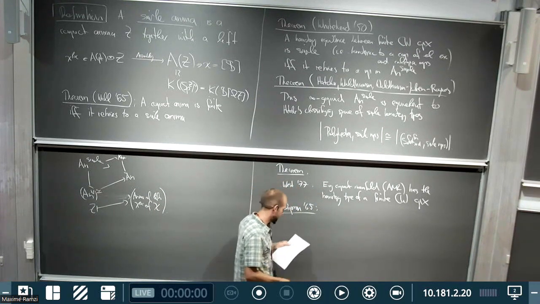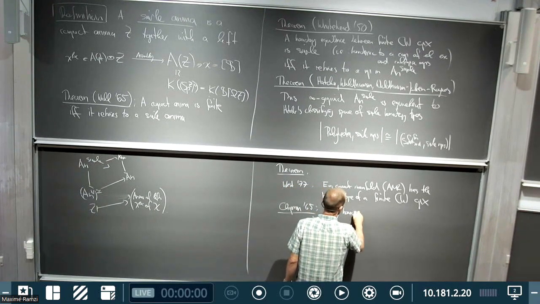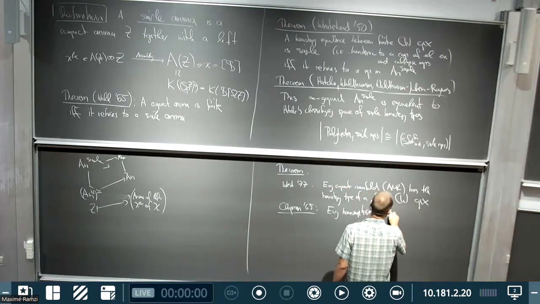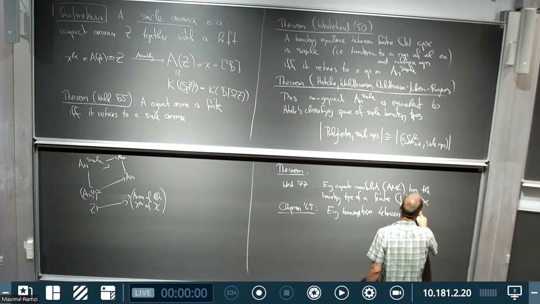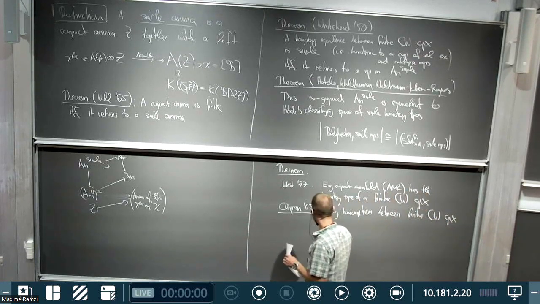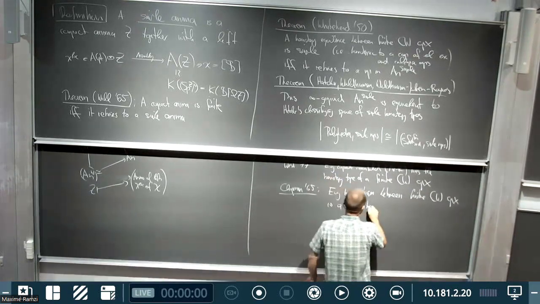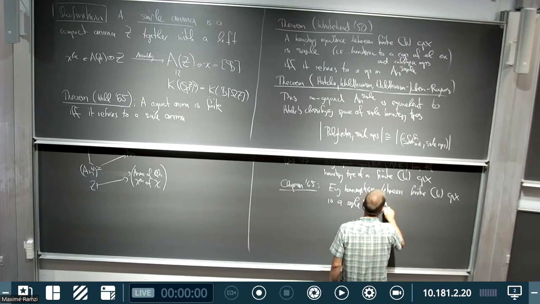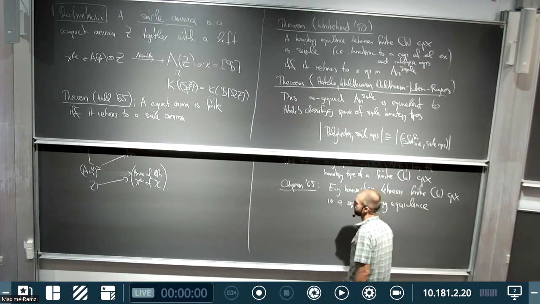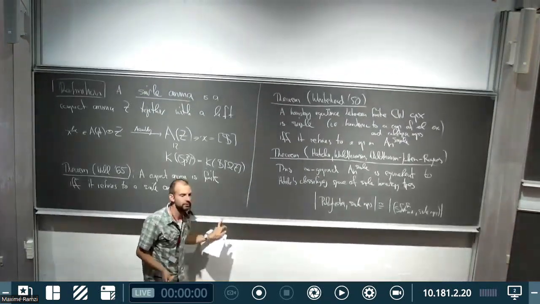And this is that every homeomorphism between finite CW complexes is a simple homotopy equivalence. And this is highly non-trivial to think about.